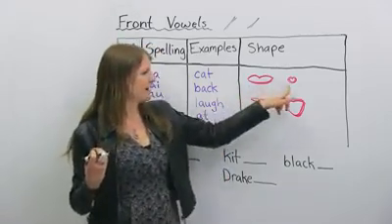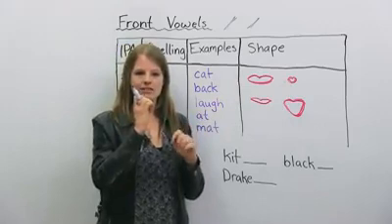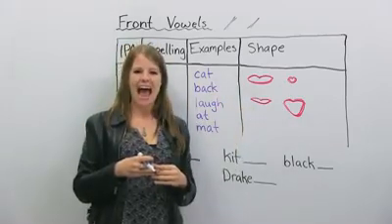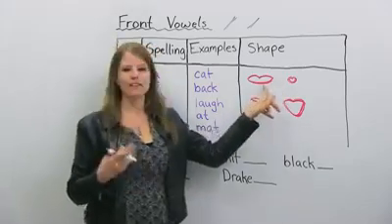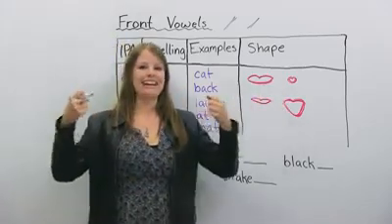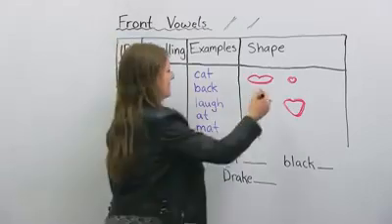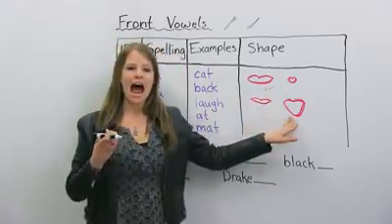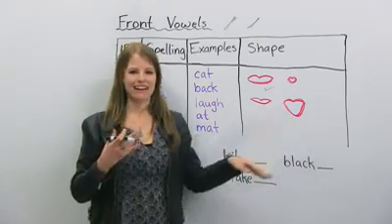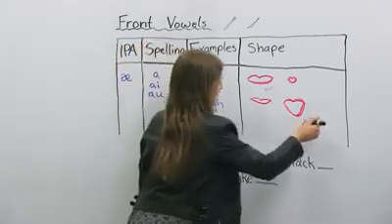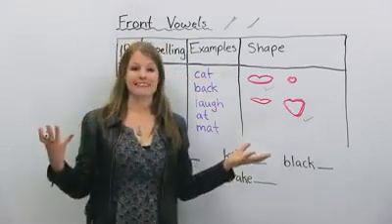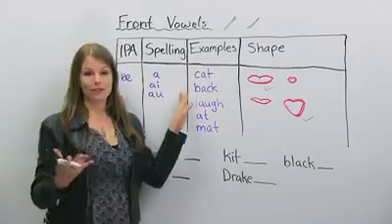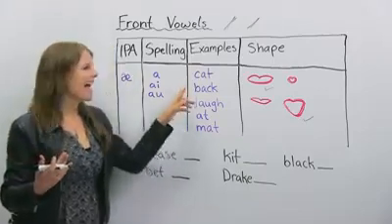If our mouth is very small or very spread, it's more like this, right? Your mouth is very tense and big. At the same time, our mouth is also very open. This sound is the biggest sound.